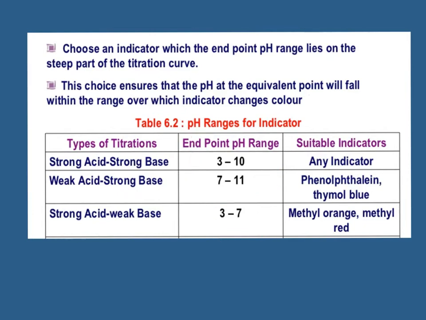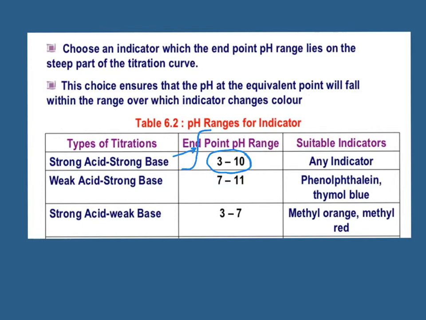You want to choose an indicator where the endpoint pH lies along that steep part of the titration curve. Okay? So for instance, with the strong acid, strong base, there's this long rise. We just need the indicator to change color somewhere along that long rise, which goes from about 3 to 10 on the pH scale.